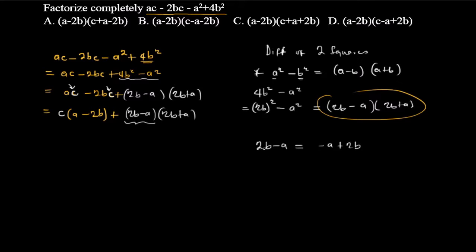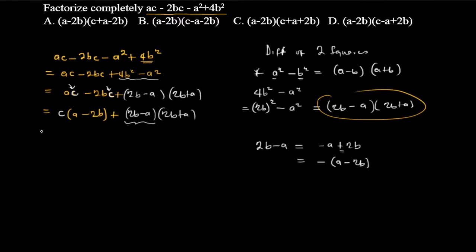I just changed the position of a and 2b. Now I could factor out negative 1: so you have a, but the sign changes, a − 2b. So 2b − a can be written as −(a − 2b). You can confirm that this is the same thing.